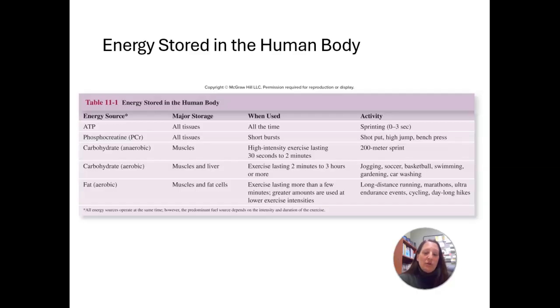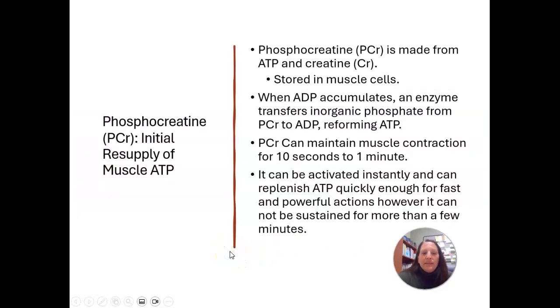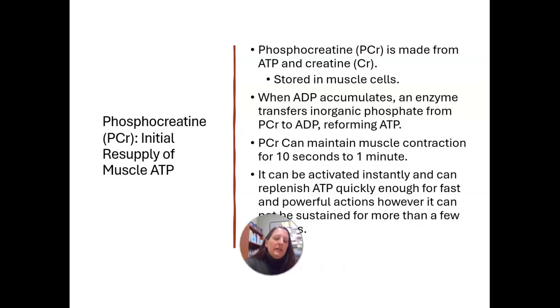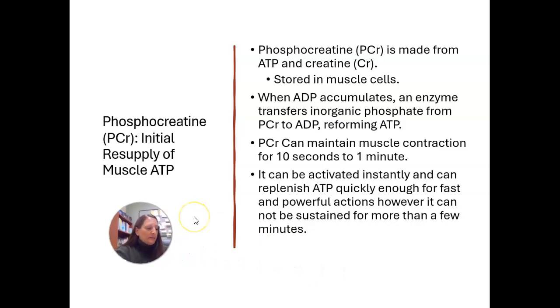As intensity increases, your cells will switch from fats to carbohydrates. Okay, so activity like long distance running, marathons, ultra endurance events, cycling, day-long hikes, we'll be using fat for those. Okay, so let's talk a little bit more about each of these.